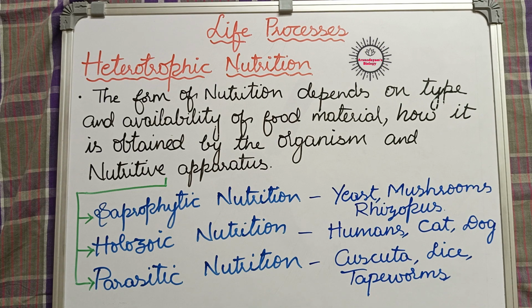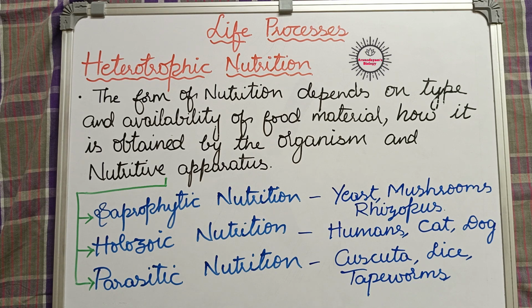Okay. Third one is parasitic nutrition. Here in parasitic nutrition, the organisms are called parasites. Here they also do not have a proper digestive system to digest the food material. So they will depend on the digested food of other organisms. These parasites depend on the digested food of other organisms without killing them.